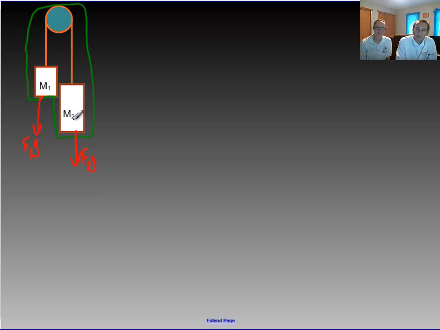Okay, and since M2 is bigger, what I like to do is say, well, Newton's second law says the net force equals mass times acceleration. I need to assign a direction. So let's just say that around like this is positive, since it's going to be going that way. You could pick the other way, it's not going to matter. Then my net force becomes F2G minus F1G, which equals mass times acceleration.